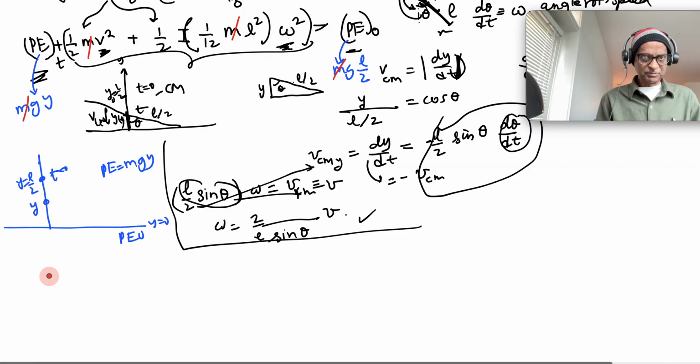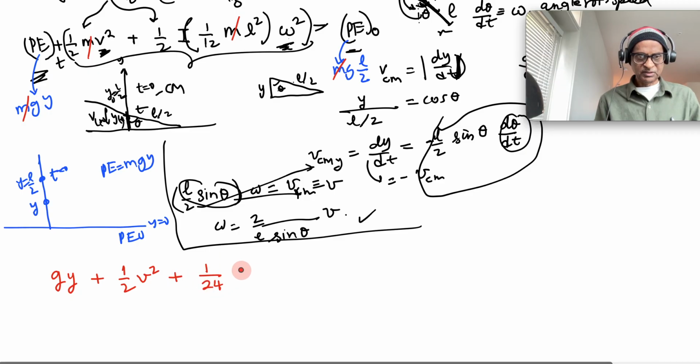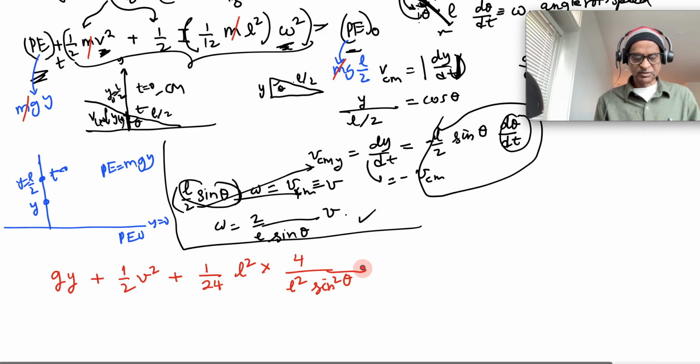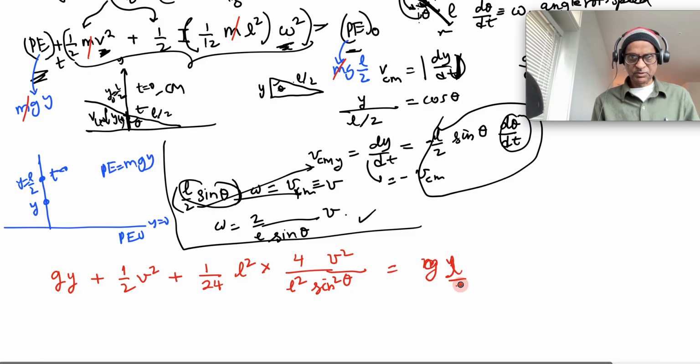So we have gy plus half v squared times 1 over 24 L squared, and this square will be 4 over L squared sine squared theta, v squared, equals gL over 2.